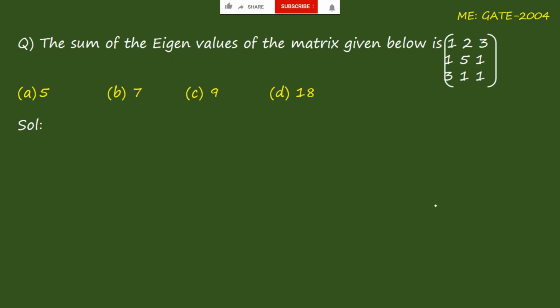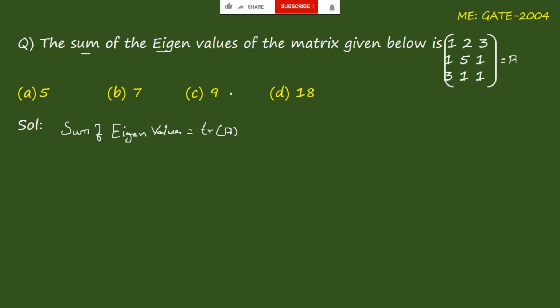Next question. The question is: the sum of the eigenvalues of the matrix given below is. Okay. The matrix has been given here. We consider this particular matrix as A. Now you have to find the sum of the eigenvalues. But we know that the sum of the eigenvalues is equal to nothing but the trace of matrix A, right?